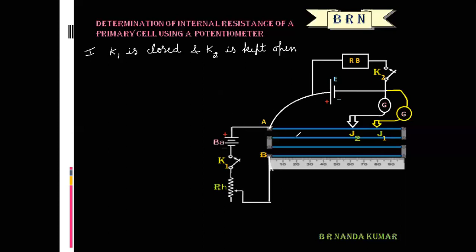Here A, E, G, J1, A is a closed conducting path.